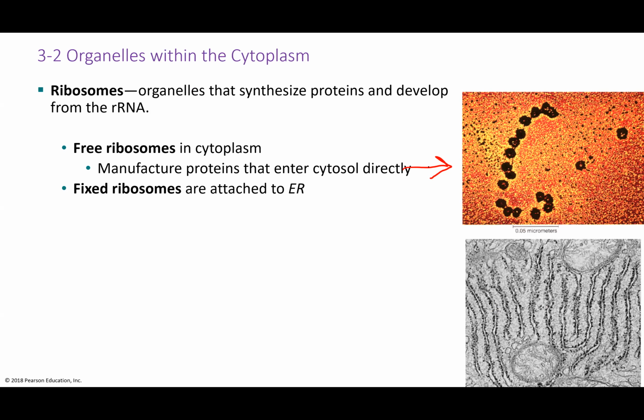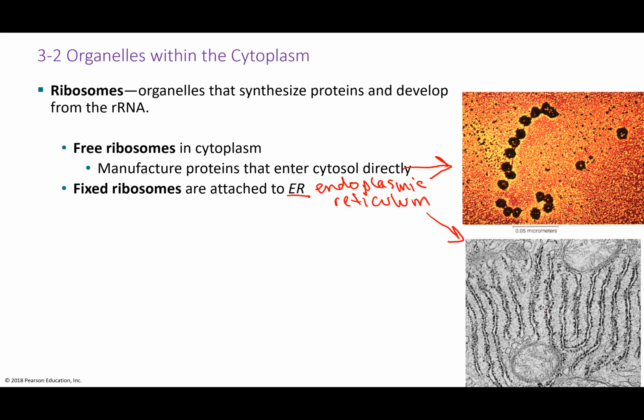Okay, fixed ribosomes are attached to the endoplasmic reticulum. That's what the ER stands for: endoplasmic reticulum. But we do abbreviate that as ER very often. When they're fixed, this is what it looks like. You have these folded membranes, and on the outside of those membranes are those little black dots.